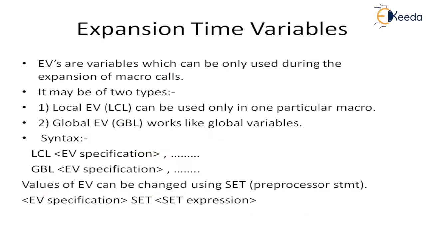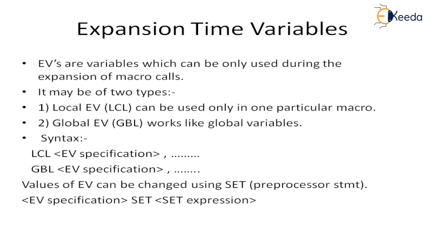So under the expansion time variable, expansion variables are the variables which can be used only during the expansion of the macro call. There are two different types of expansion time variable, local expansion time variable and global expansion time variable. Local expansion time variables are useful for one particular macro, whereas global expansion variables are used globally.